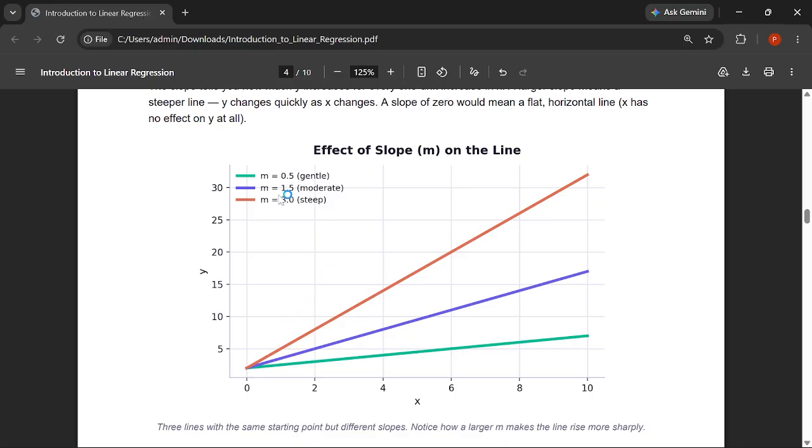Okay, so when the m is 0.5, the line is this. When the m is 1.5, the line becomes this, and when m goes to 3, the line becomes very steep. Okay, so as the m increases, the line gets steeper and steeper.